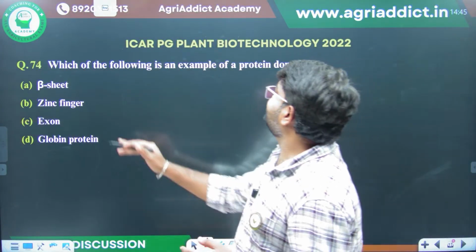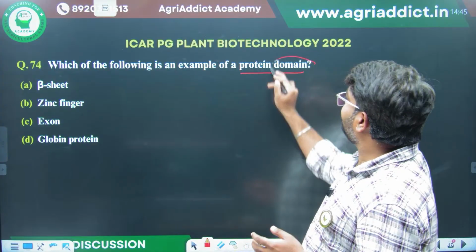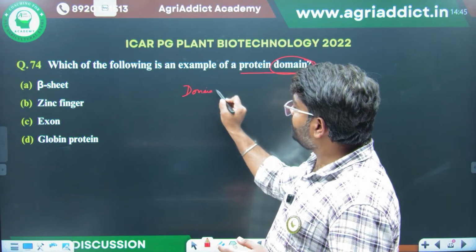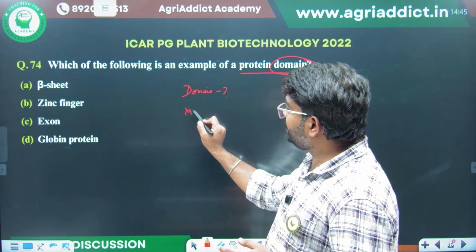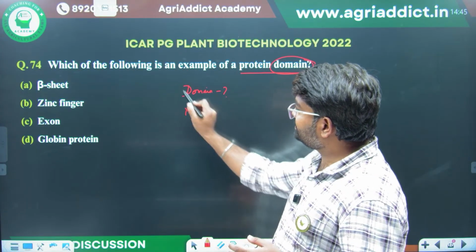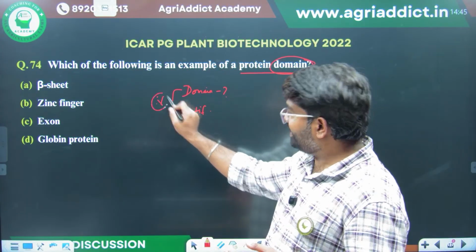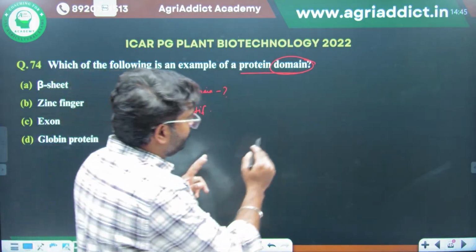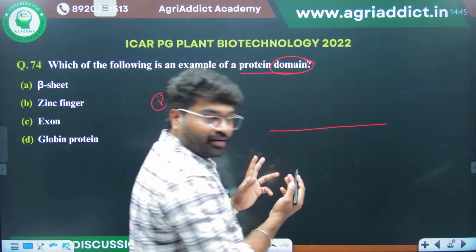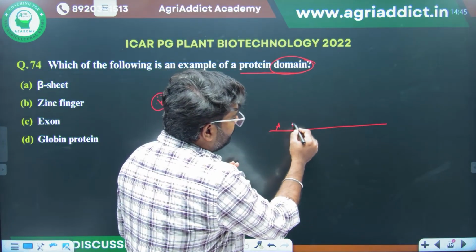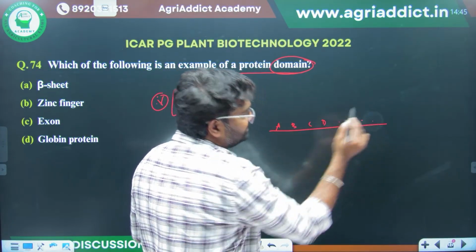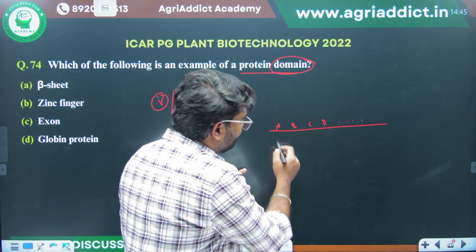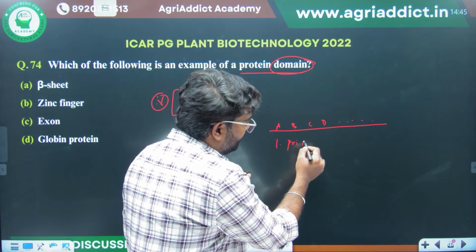Which of the following is an example of a protein domain? First, you have to know the difference between domain and motif. This is another important question they can ask in the exam. Proteins are sequences of amino acids. The sequence of amino acids is known as the primary structure.